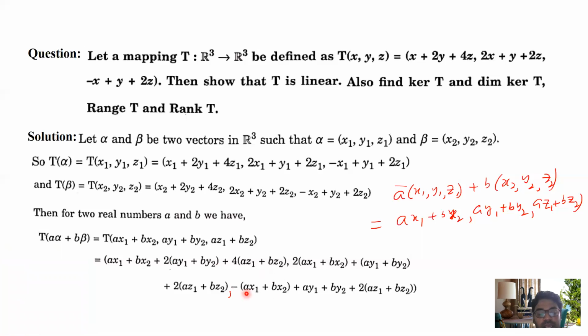So that means I have substituted all three components into this relation. So that's why I have this.